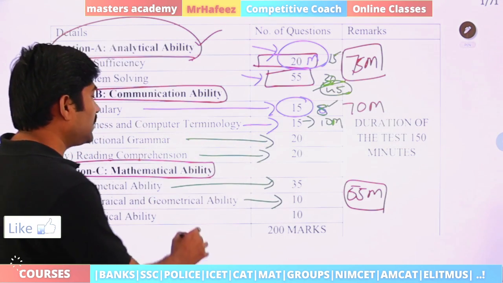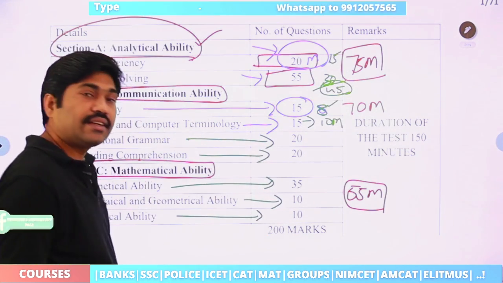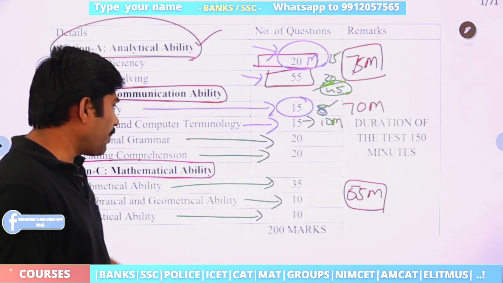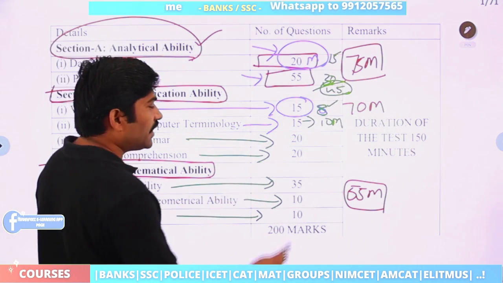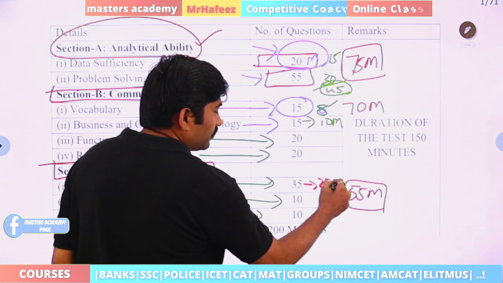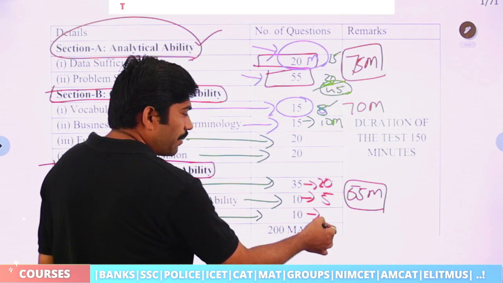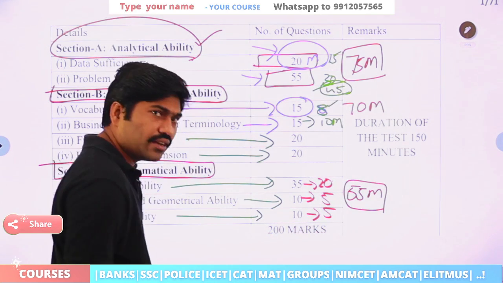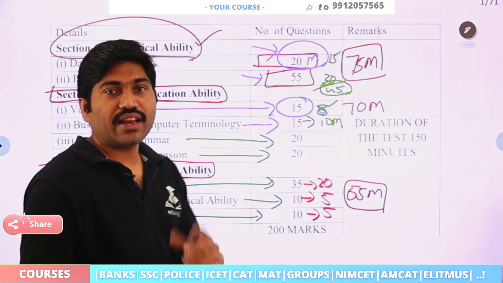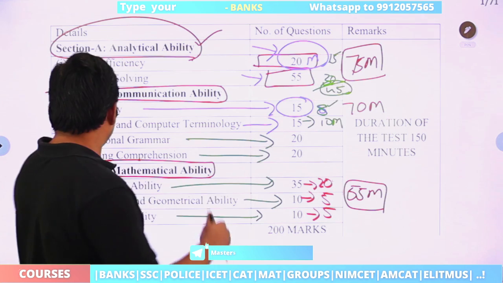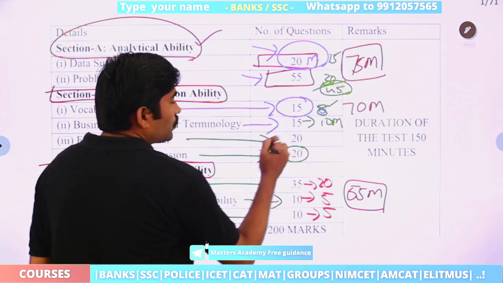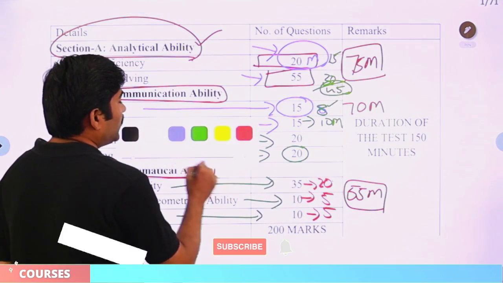Another, statistical ability, consists of 10 marks. Coming to the 35, you can get easily 20, and coming to the 10 you can get easily 5, and coming to this 10 you can get easily 5, because mean, mode, median you can get very easily.